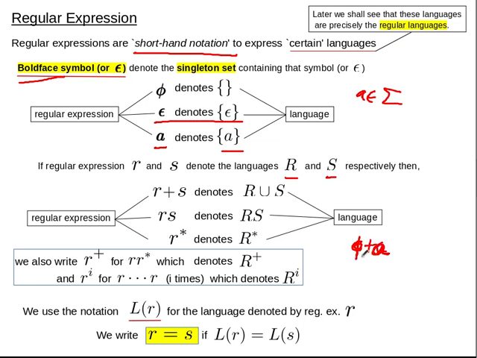And what will that be? It will just be the union of these two, so it will again be just A. And what will phi A be? It will be the concatenation of these two, and that will be phi, right?